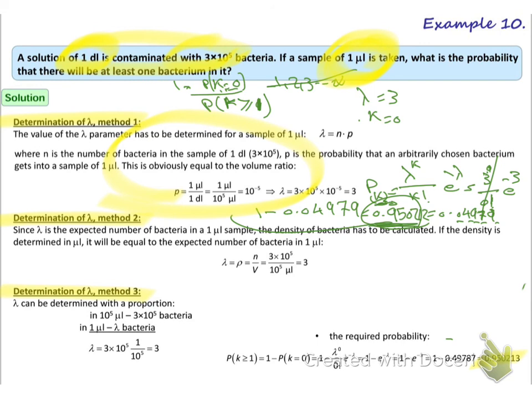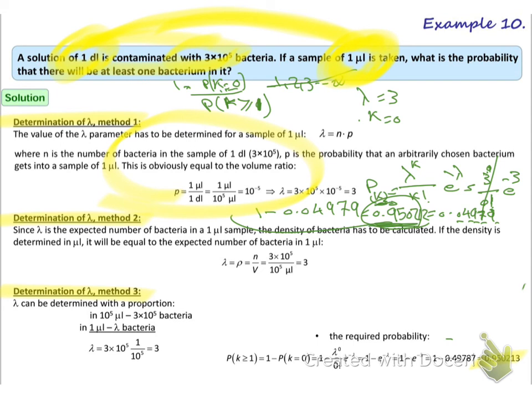You can get it without going to the density and this complication. The ratio between the quantity of the sample he has taken and the total quantity gives me the probability p. Then I multiply n times p to get lambda, and the whole solution will be very easy, following the Poisson distribution steps.